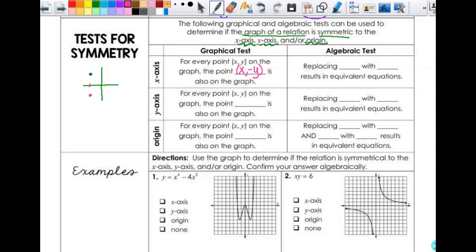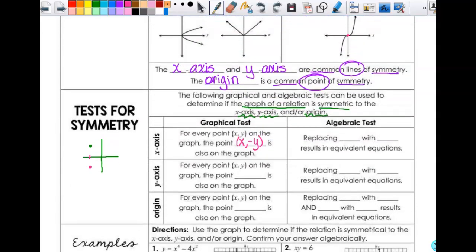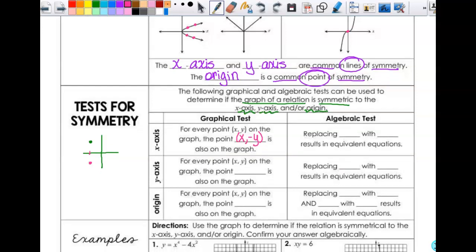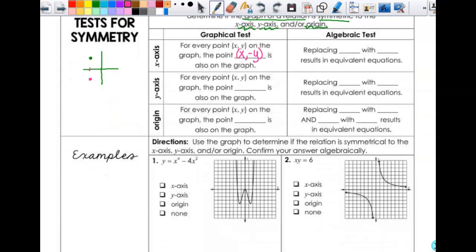That would make it a reflection in the x-axis, just like here. This would be (x, y), this is (x, -y), (x, y), (x, -y), and so forth and so on. Right? So the algebraic test: if I have not a graph that I can look at, but I have the equation, then I'm going to replace y with negative y, and then I clean it up, and I should get equivalent equations.